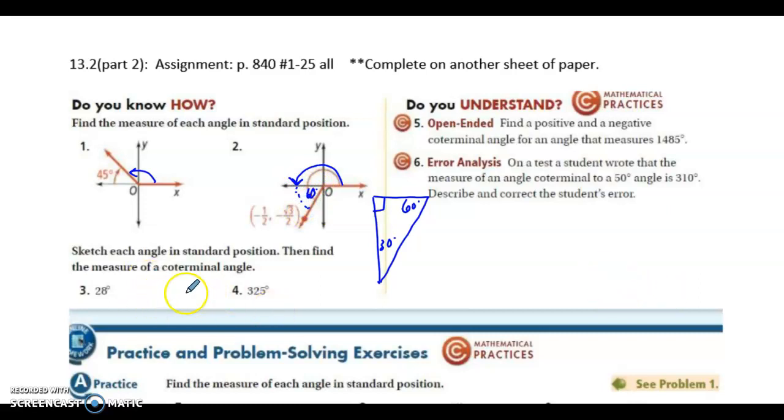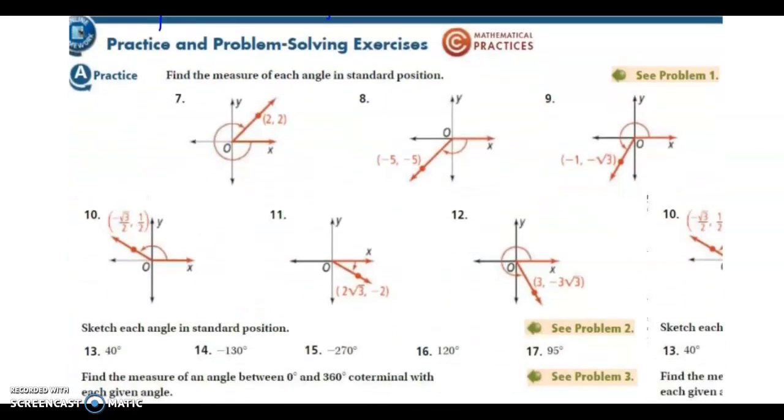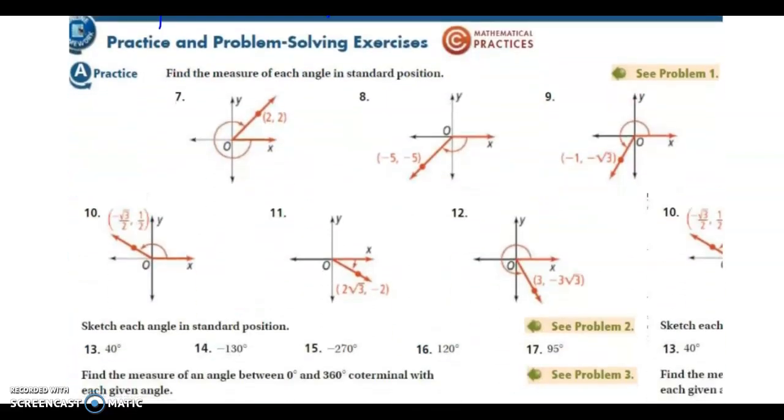Okay, number 3 and 4, you're just kind of sketching them out and then trying to find a coterminal angle. There's a lot of right answers for 3 and 4 for the coterminal angle. Just find one of them. Okay, same thing, some more coterminal angles like we did yesterday. Trying to find what the student did wrong with coterminal angles. And then down here, this is kind of like our notes today.